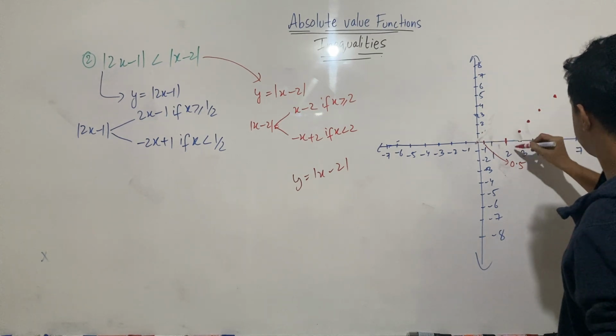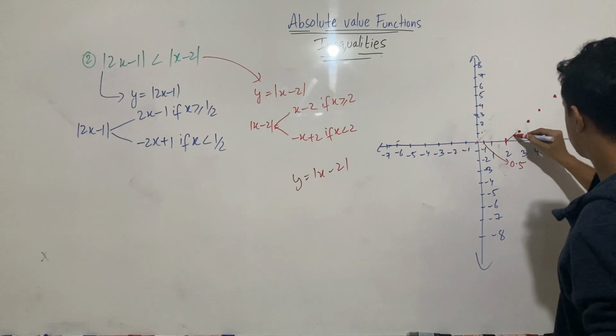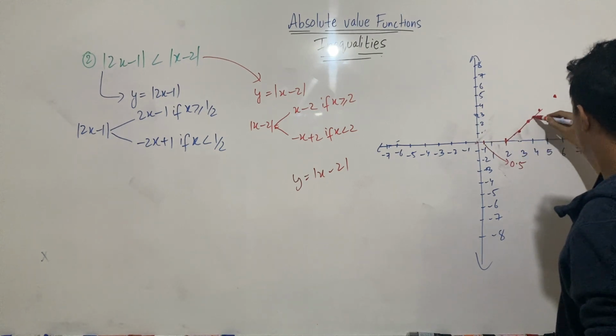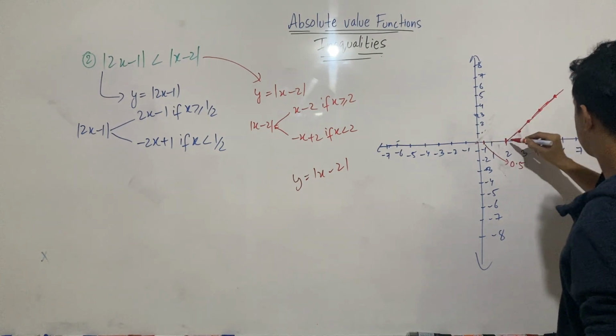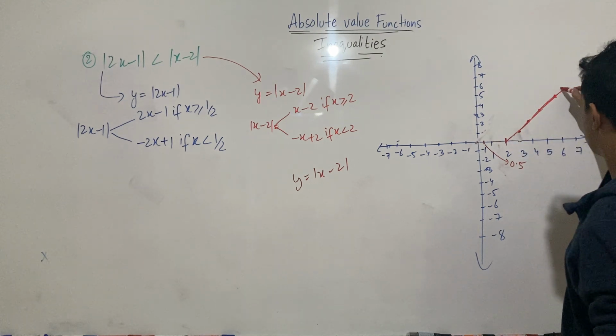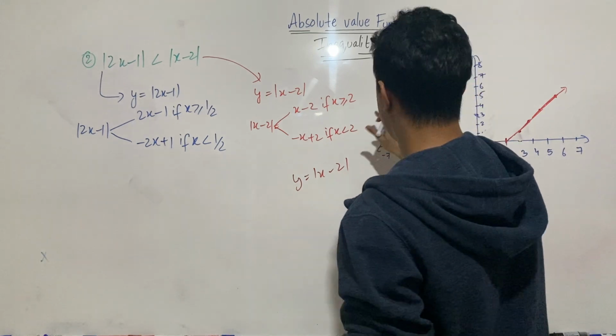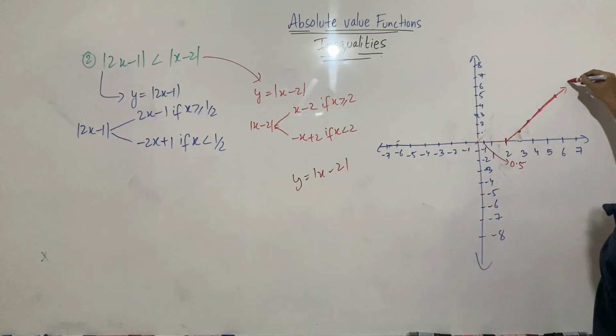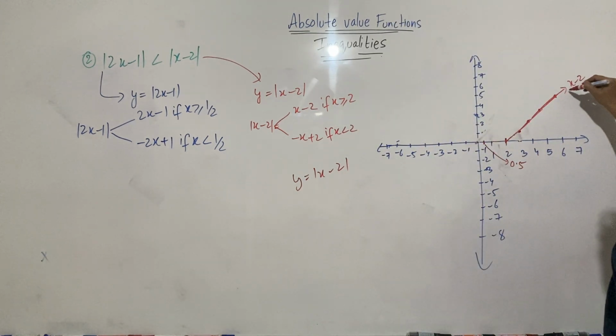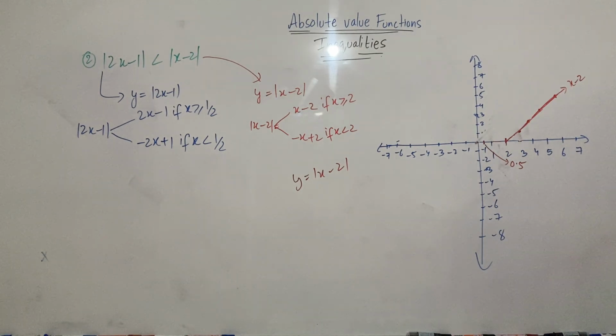So this is going to be one side, right? X greater than or equal to 2 means this is x minus 2.